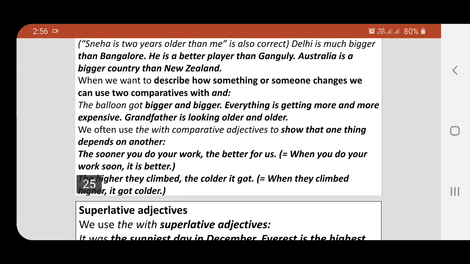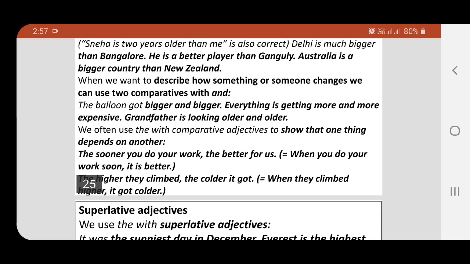See, when we want to describe how something or someone changes, we can use two comparatives with and. The balloon got bigger and bigger. Everything is getting more and more expensive.